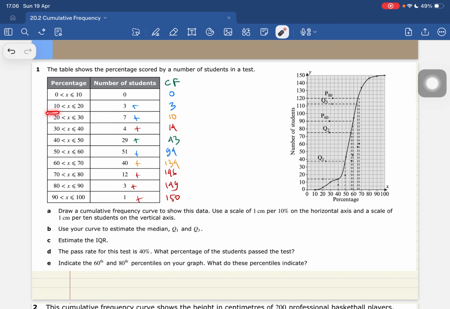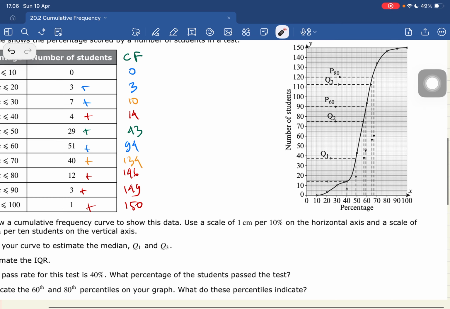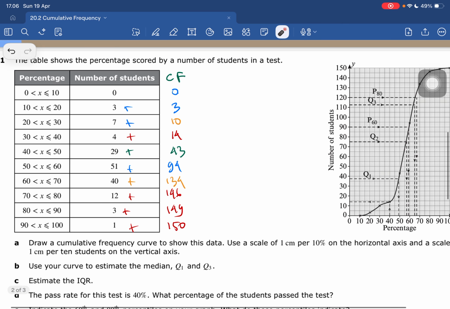Next, from 10 to 20 is 3. Look at it, 10 to 20. We always count the last. Look at it, the last. So 0 and 10, we write it here. Next, 20 and 3.